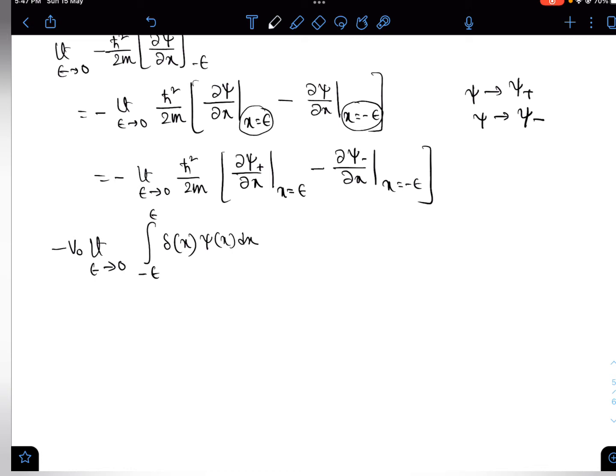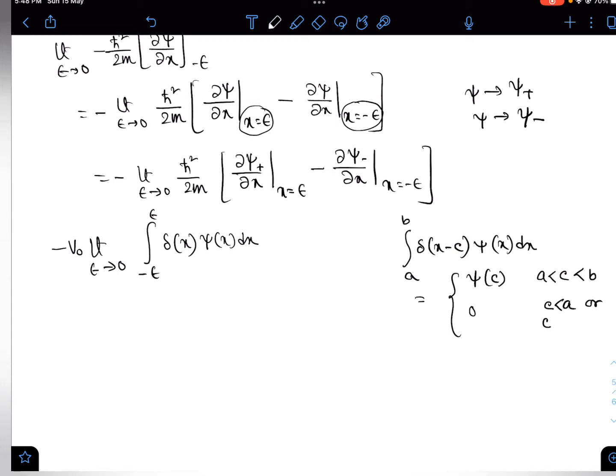Now we know the delta function integration formula, which is given like this: it will give psi c if c is in the range between a to b, and it will give us 0 if c is less than a or c is greater than b.